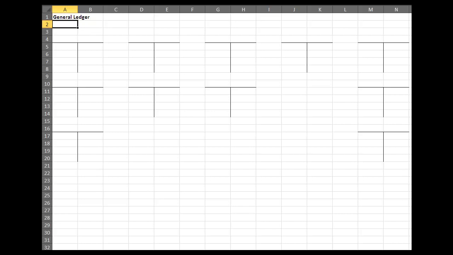I will enter in the first step, which was said enter in the totals, enter in the names. So we've got 101, actually it'll probably go cash at bank, account 101, accounts receivable 102, and inventory 103.